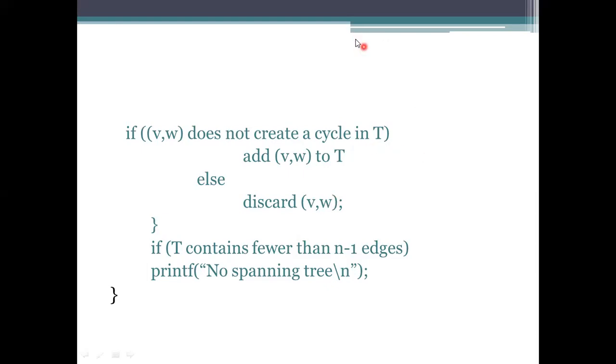If you have this path, so this is the relevant spanning tree we are having. Although it is having a minimum cost, we need to see whether it is creating a cycle or not. If it is creating a cycle, we won't process that one, we will discard this edge.